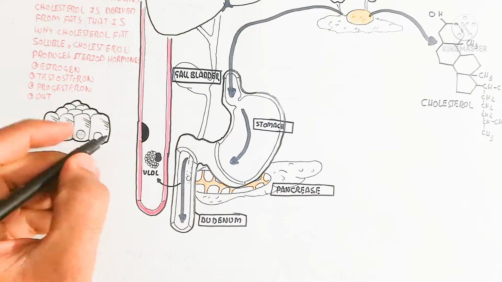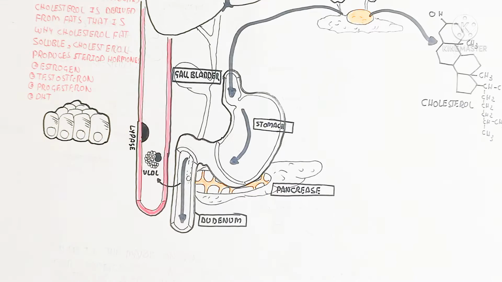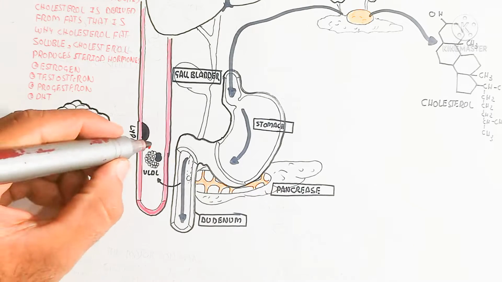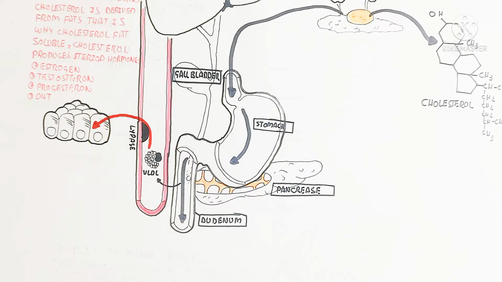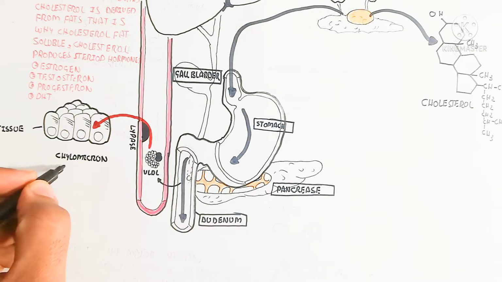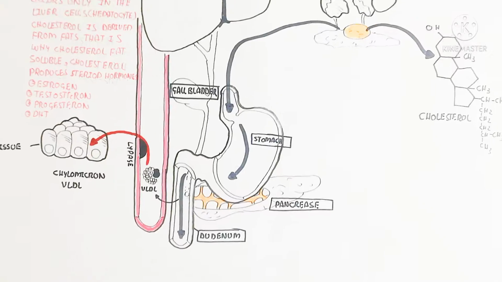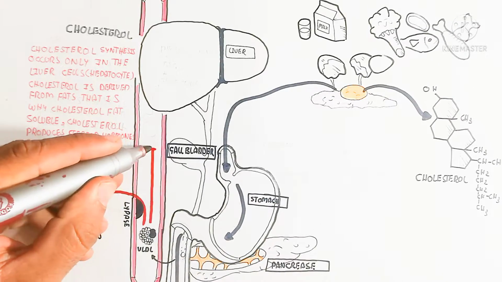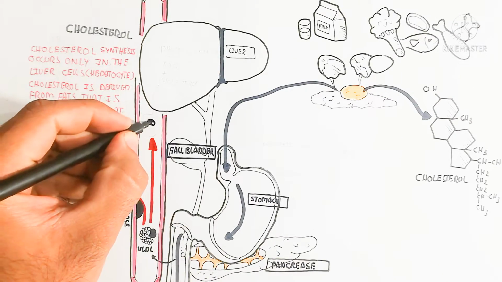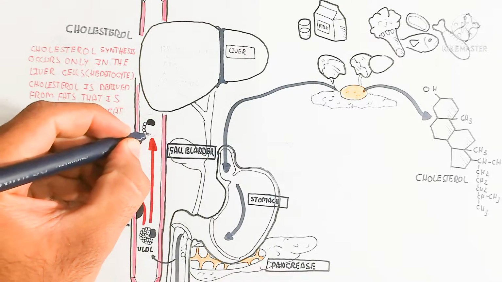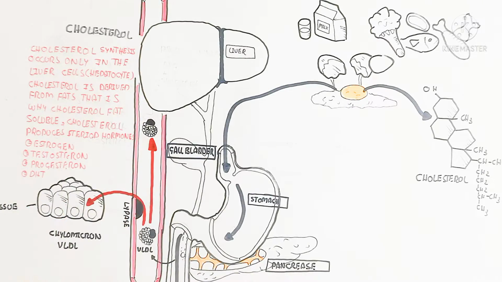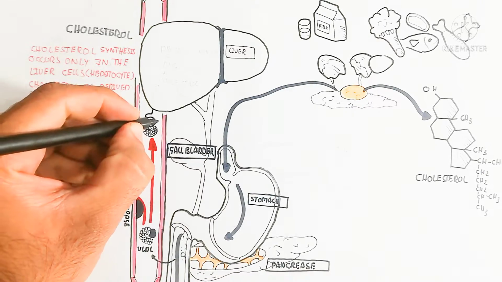It will be converted into chylomicron, which is a very low density lipoprotein that contains a small amount of protein and a high amount of lipid, and cholesterol can also come from dietary cholesterol. The lipase enzyme deposits the cholesterol as well as lipids into adipose tissue and other tissue.